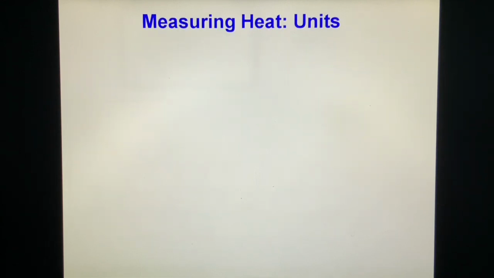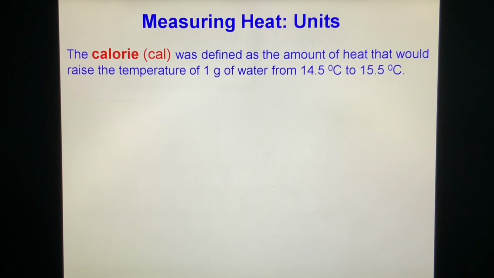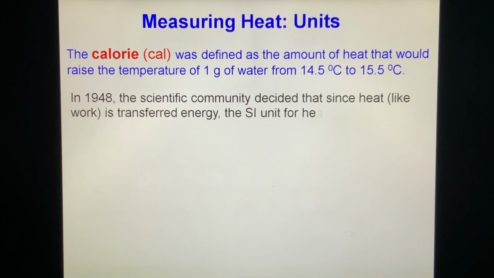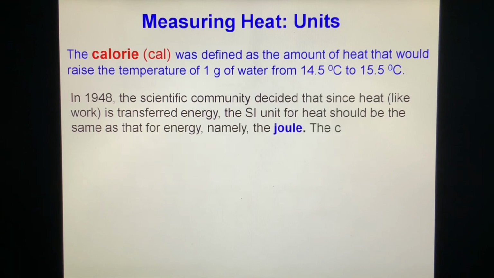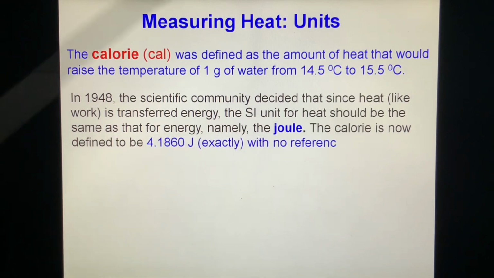Measuring heat: unit. The calorie, cal, was defined as the amount of heat that would raise the temperature of 1 gram of water from 14.5 degrees Celsius to 15.5 degrees Celsius. In 1948, the scientific community decided that since heat, like work, is a transfer of energy, the metric system unit for heat should be the same as that for energy, namely the joule.